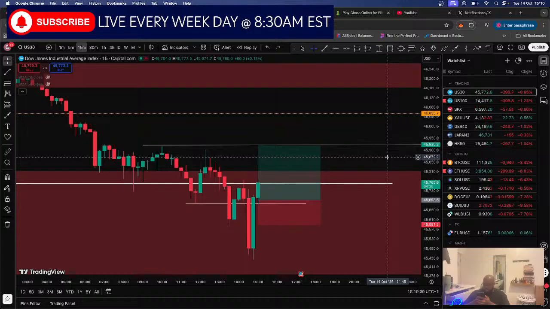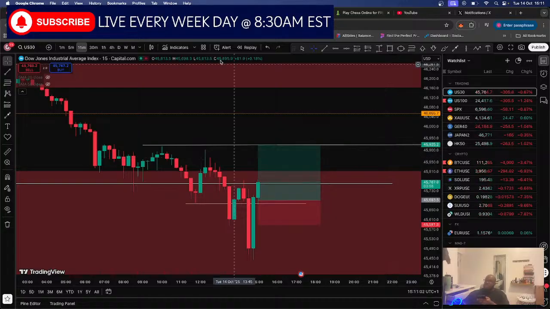A couple of pips to break it. Got less than 5 minutes till the candle closes. Let's see if we can get some momentum to come in.